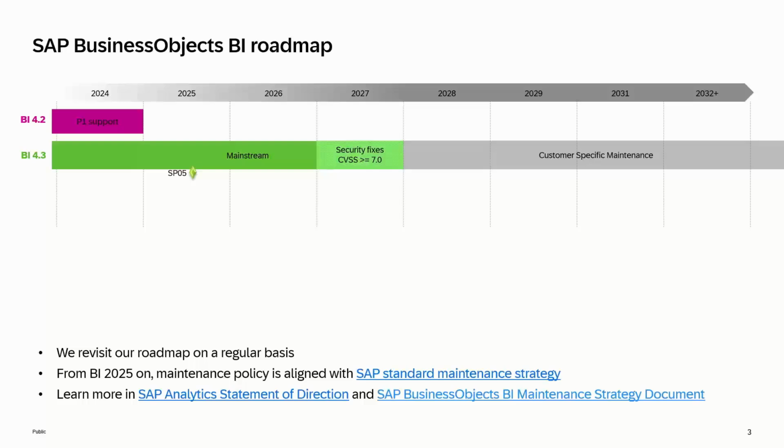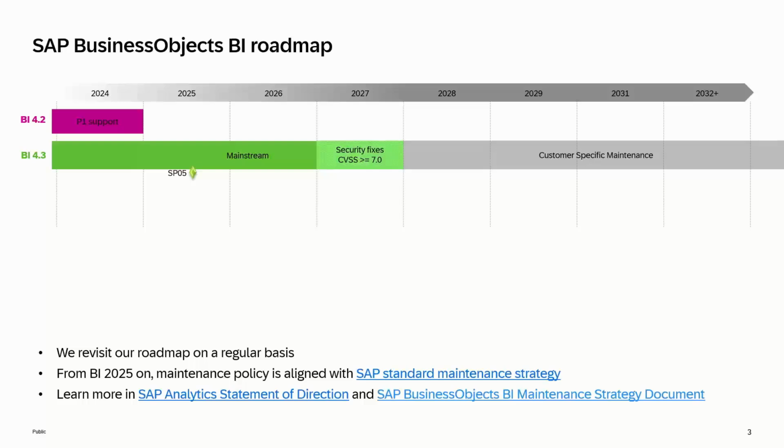Now we are aligning with the rest of SAP products, and we will fix during this year, 2027, potential vulnerabilities, and there is this standard classification of security issues, and we will fix those with a severity greater than 7.0. So this is really similar to what we are doing with P1 support.